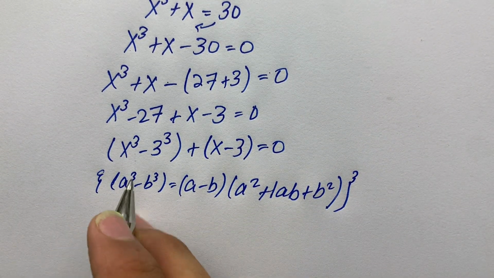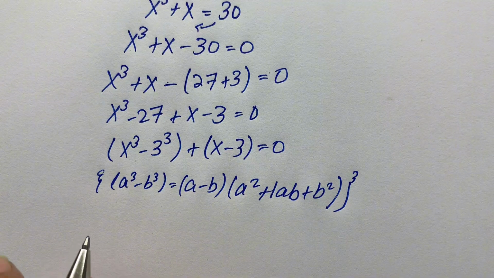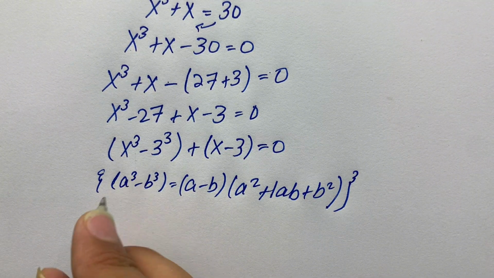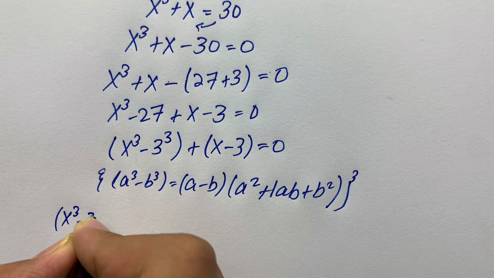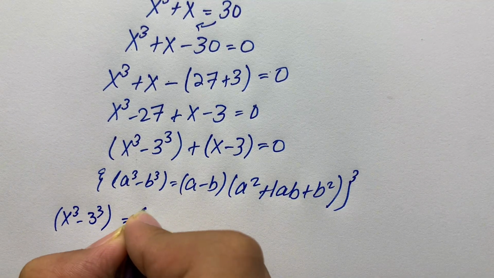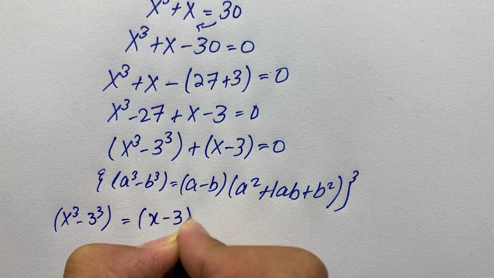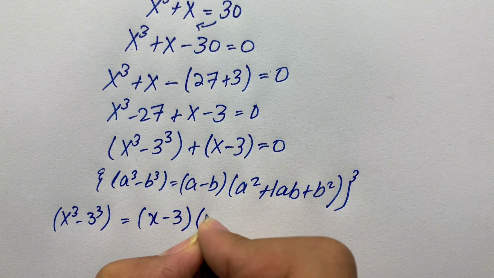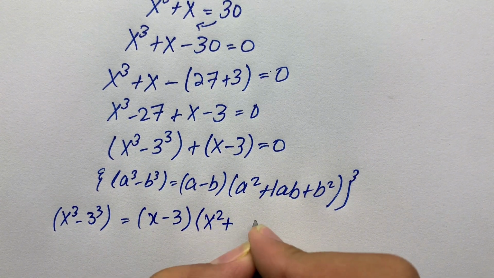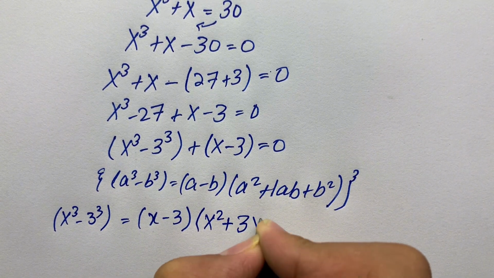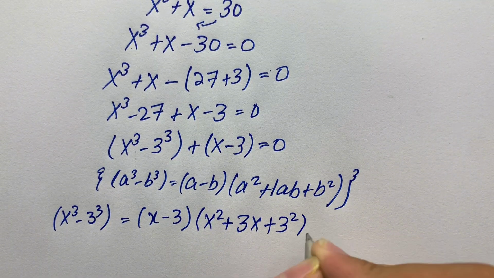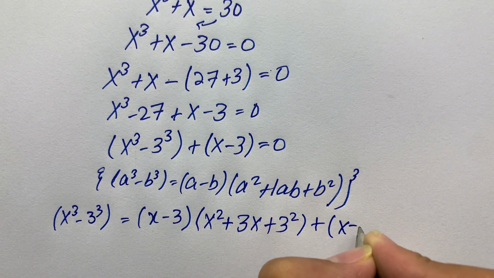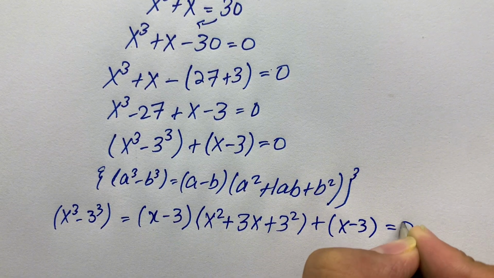Now we are putting this formula: x cubed minus 3 cubed is equal to x minus 3 into x squared plus 3x plus 3 squared, plus x minus 3 is equal to 0.